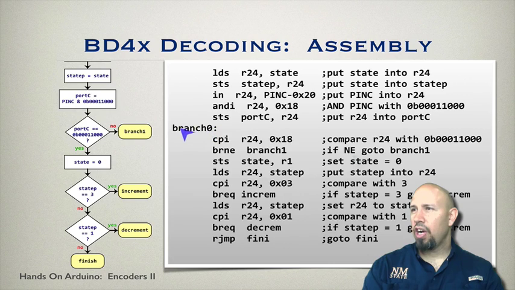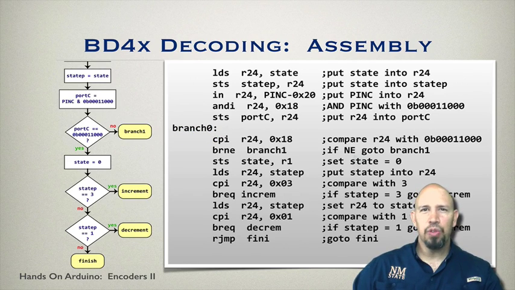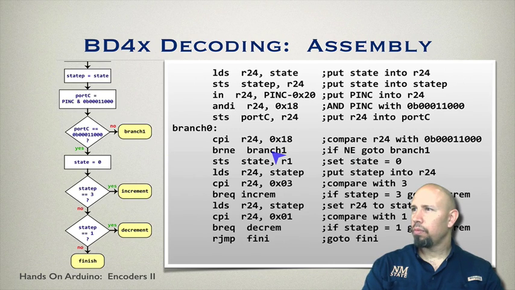Now I call this next part branch 0 because we're now working, assuming, that we're working with the state equals 0. We start there, and so now I'm going to compare register 24 with 18, again with the value.